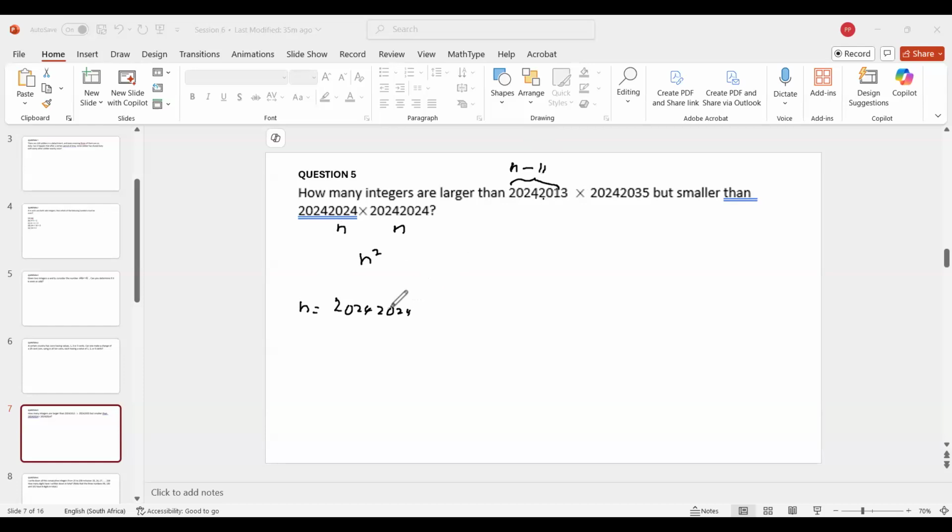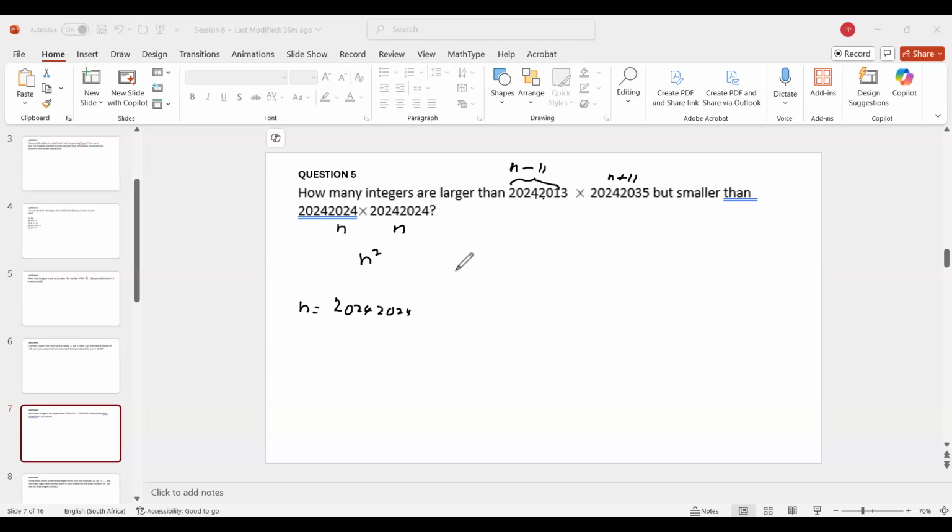Now the same thing here, you've got 2035. To get to 2024, you have to subtract 11. So this is n plus 11. So now you can translate this problem.